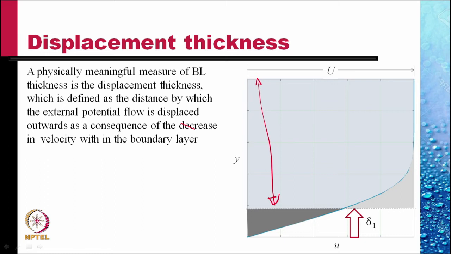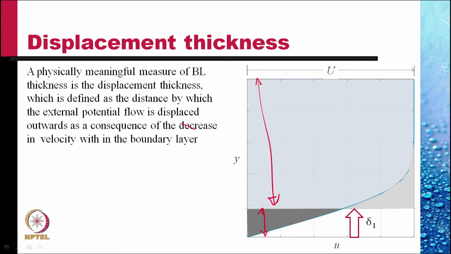That means to say that because of the development of boundary layer, the flow past the flat plate decreases by an amount which is equivalent to this thickness, and this is termed as the displacement thickness, delta 1.